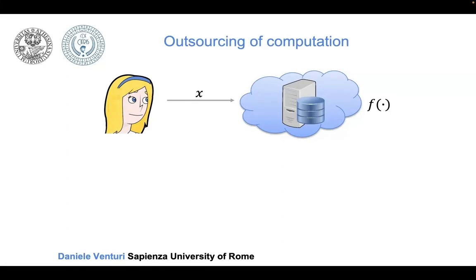But this smartphone is not very powerful, so this would be too time consuming. So she outsources the computation of the function to some server in the cloud. The cloud has lots of computing power, and in fact can offer this service to multiple clients. Then it gives back to Alice f of x, where f is, think of it as, some public function.